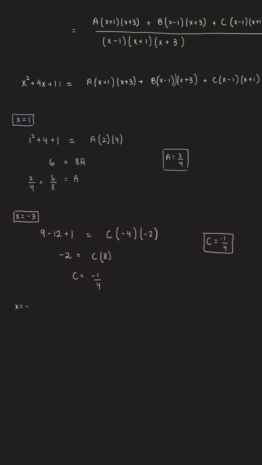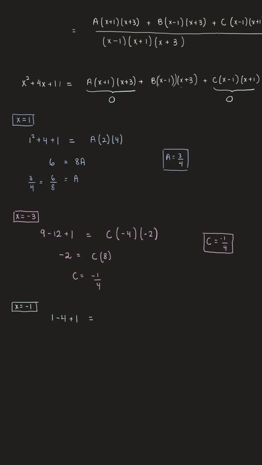So when x is -1, on the left side of the equation, -1 squared is 1, then 4 times -1 is -4, plus 1. And on the right side, when we put in -1, the a term goes to 0. The b term will not, but the c term will go to 0 also.